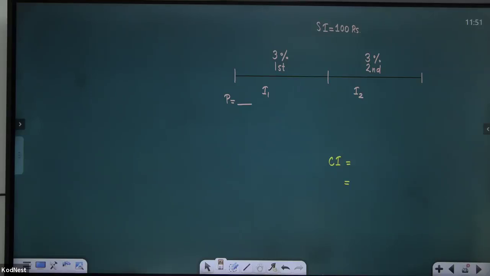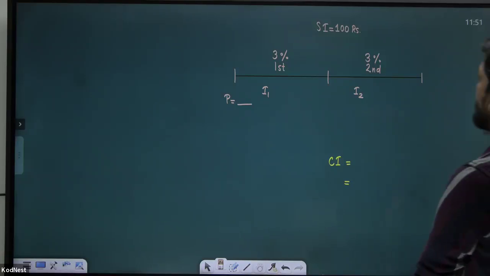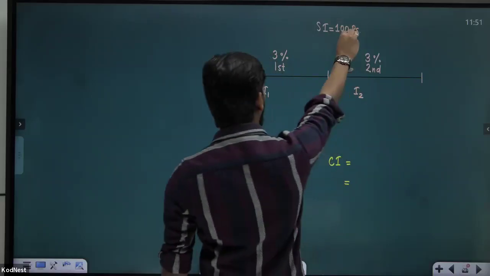How can it be less than compound interest? I mean, simple interest. Simple interest is 100 rupees, not 50. All right. Simple interest, 100 rupees.